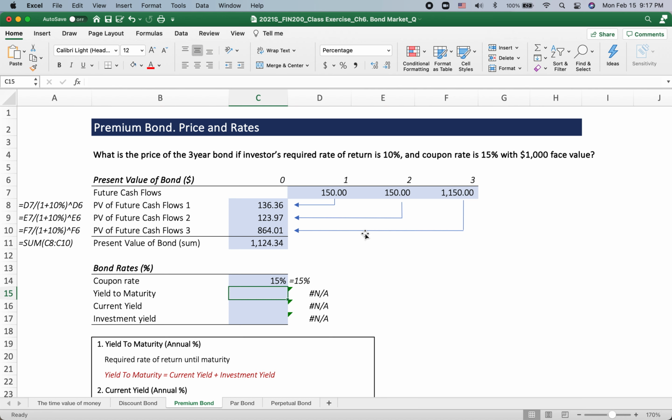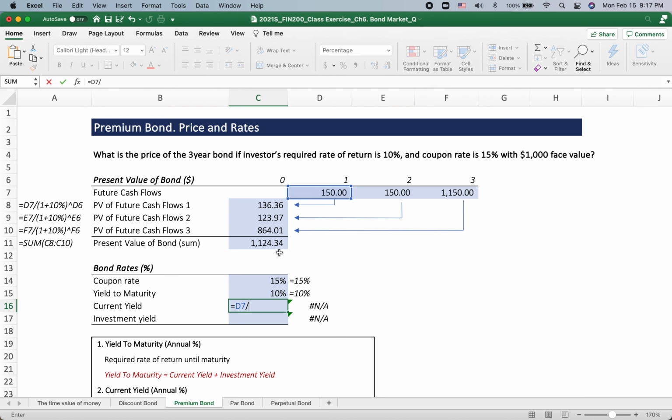What is the annual rate of return, right? That is the yield to maturity. Yield to maturity, so it is the same as 10%. And then current yield is 150 divided by 1,124, if I invest in this bond at 1,124 and I receive $150 in a year. So this is the current yield, 13%.